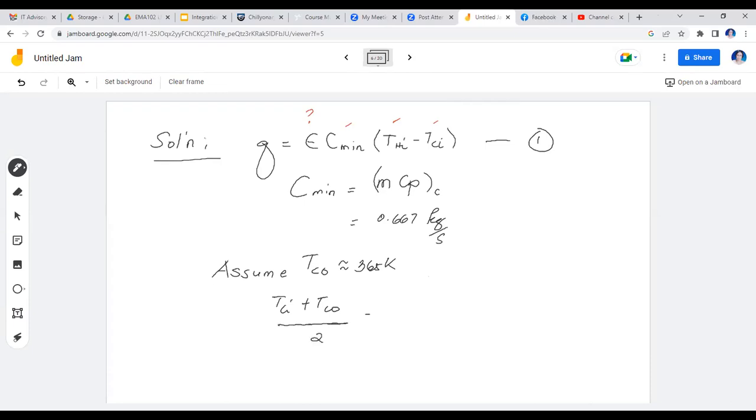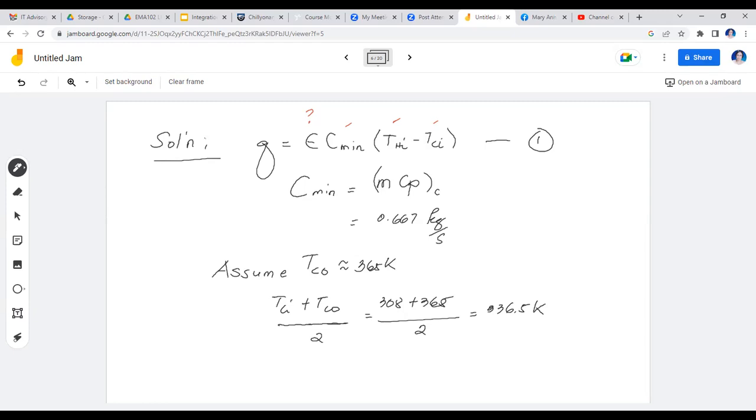So at this 365 Kelvin, the TCI and the TCO should be averaged. That would be 308 plus 365 divided by 2. What's the answer for this? That would be 336.5 Kelvin.